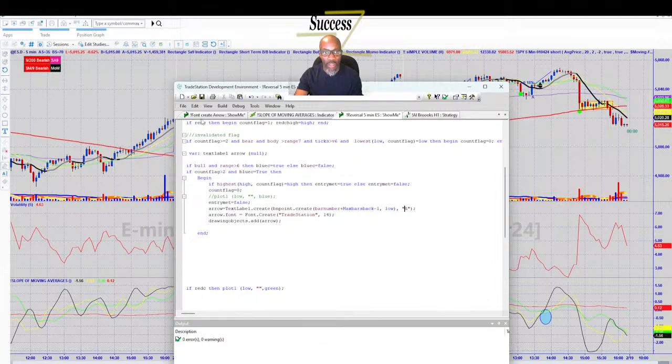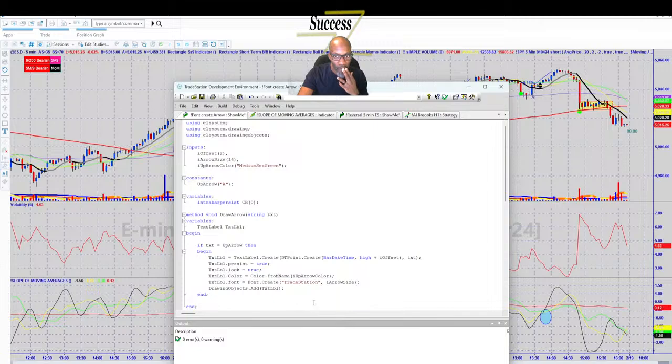Do something with the constant here. Text label, this is going to be where it's located. This is going to be what the actual code, this is going to be what it actually is.